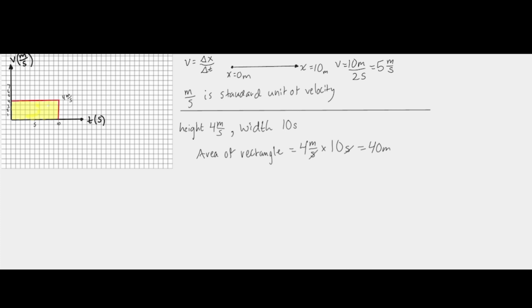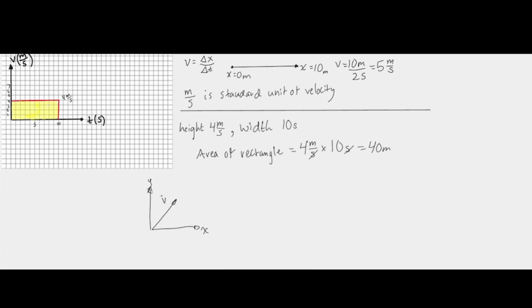The last thing that we need to note is that velocity is in fact a vector. In this example, I've just been discussing one dimension along this x-axis, but velocity can be in 2 dimensions. For example, we could have a 2D velocity vector along some x and y axis that's pointing off at some angle, just like with displacement.